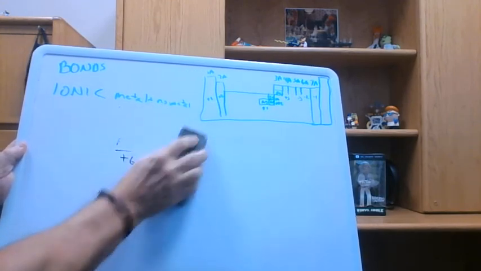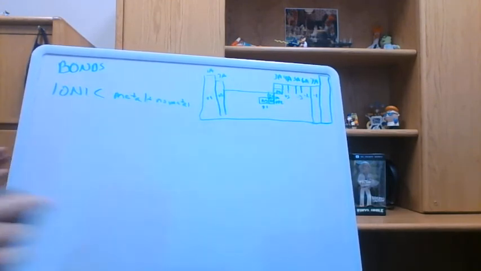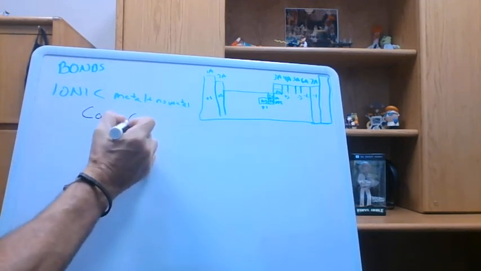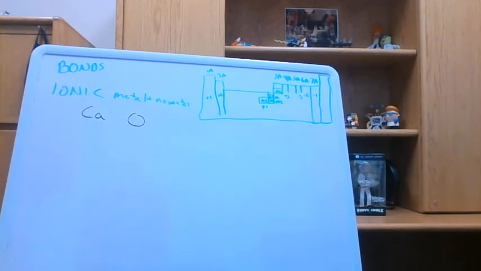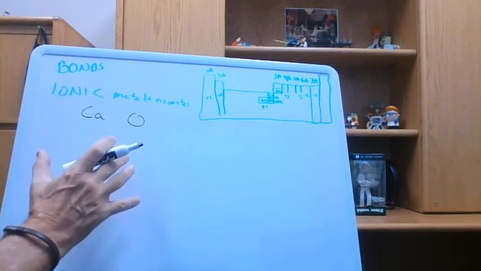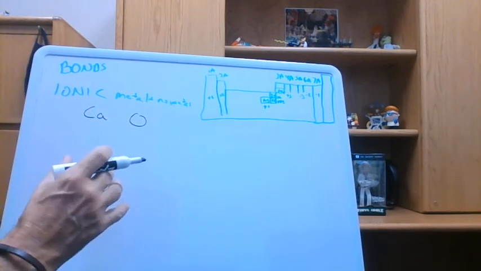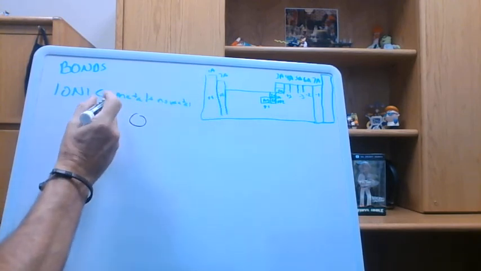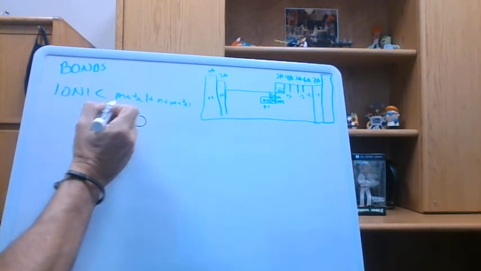But let me show you one difficulty with the cross-multiplying method. If we say what kind of ionic compound is going to form between calcium and oxygen, so again we have to find the charge that these metals are likely to form if they become ions. So calcium is here in group 2A, so it's going to want to form a +2 charge.